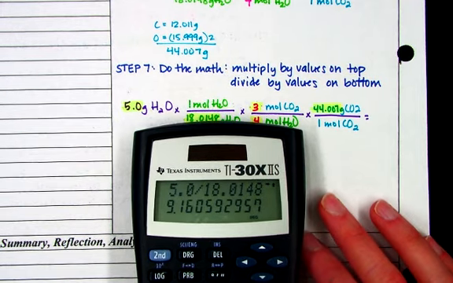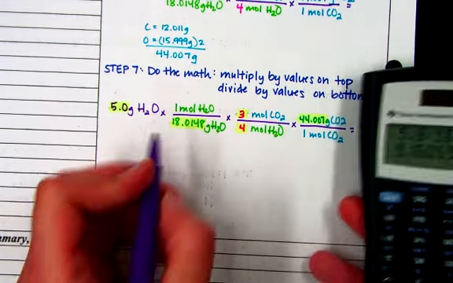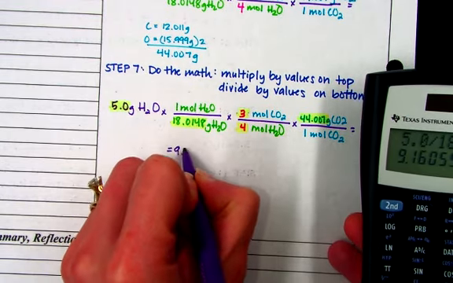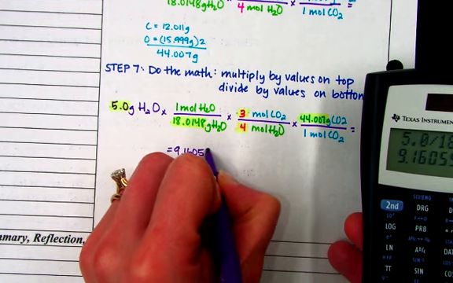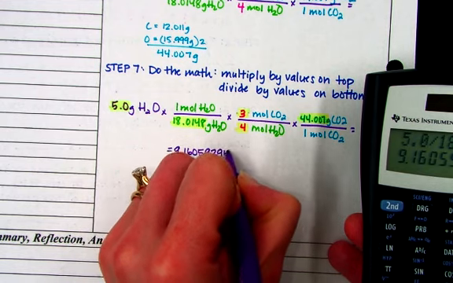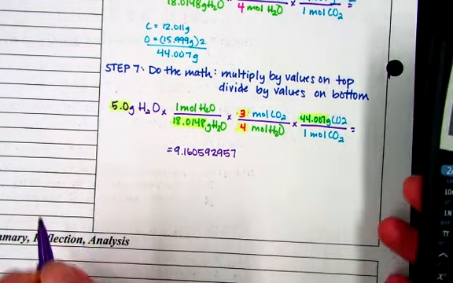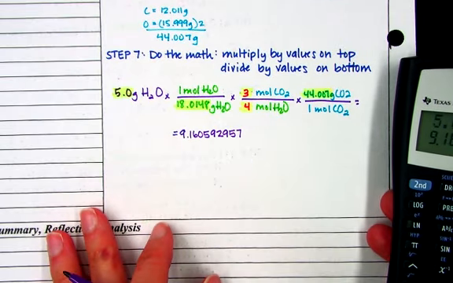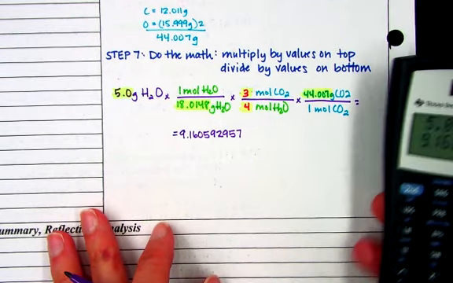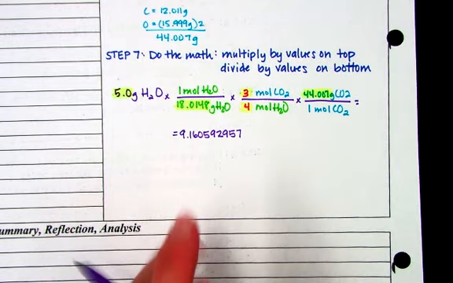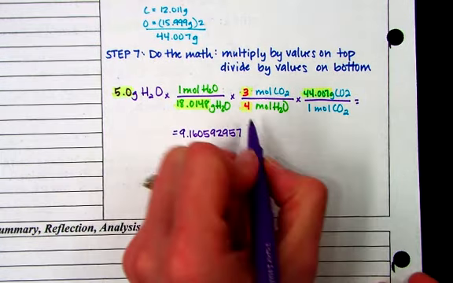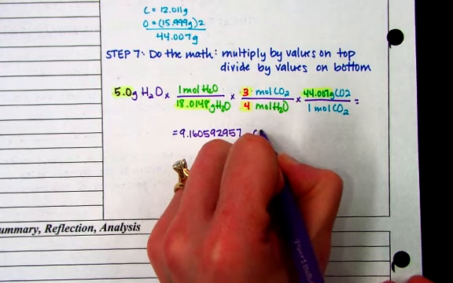And it's 0.0148? You're sure? Yeah. I'm not sure. But you should get something close to this, right? The good thing is, this is grams of CO2, right?